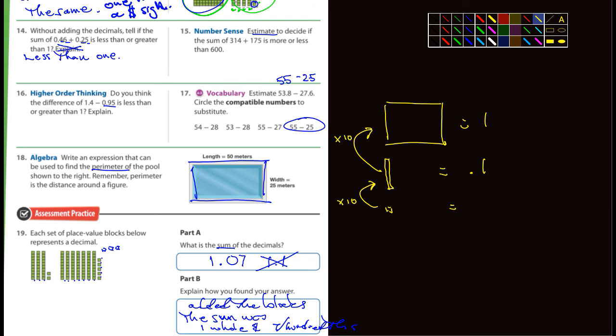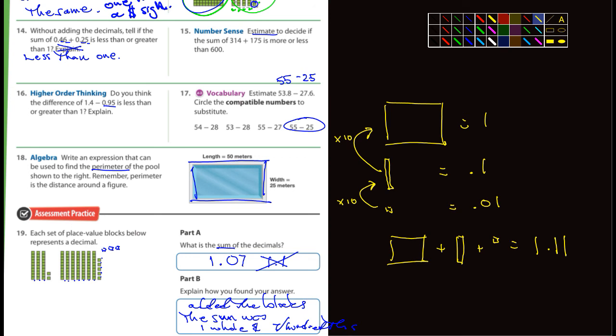One of those little blocks would be equal to 0.01. So if I added up all 3 of these, a block plus 1 row plus 1 little one, that would equal 1.11. Hopefully that makes sense to you guys.